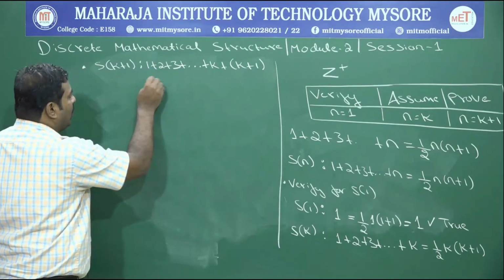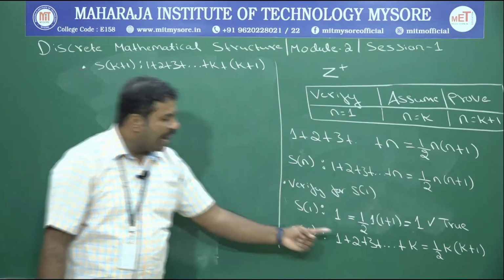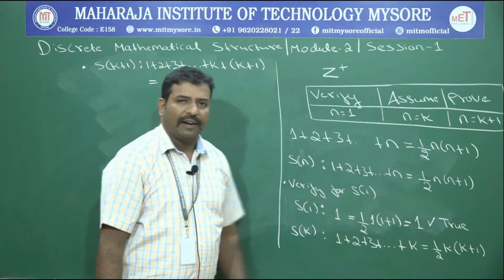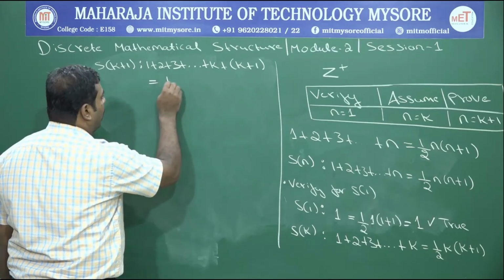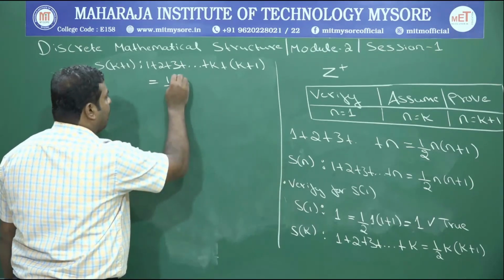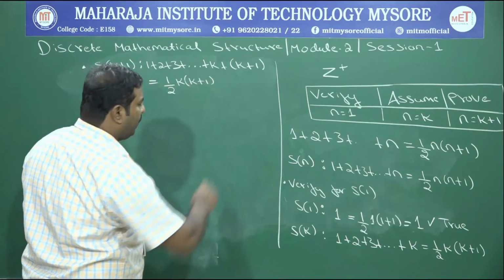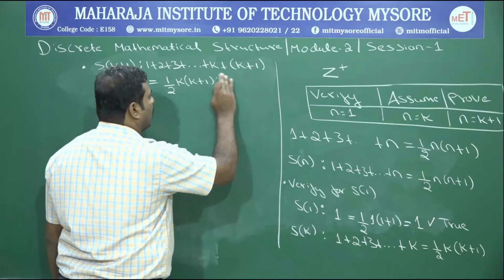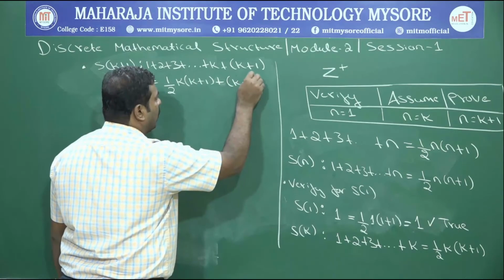This is equivalent to, because I am adding k plus 1 at the left hand side, even I need to add k plus 1 at the right hand side. Hence, for that reason, I am going to have 1 by 2 k of k plus 1, or sorry, it's not into, it is plus of k plus 1.